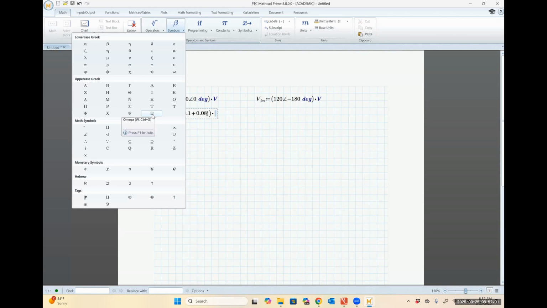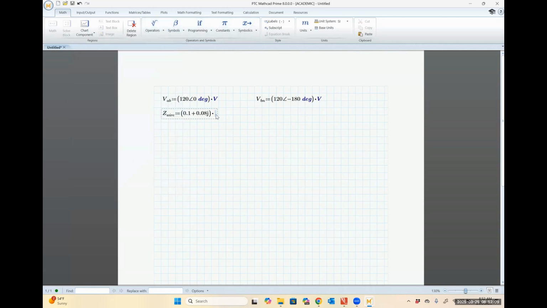Since lowercase omega looks like a lowercase w, uppercase omega uses uppercase w. And then Control G is just telling it to convert to Greek. So I have capital W, and then Control G converts that capital W into a capital omega, which is our ohm unit.